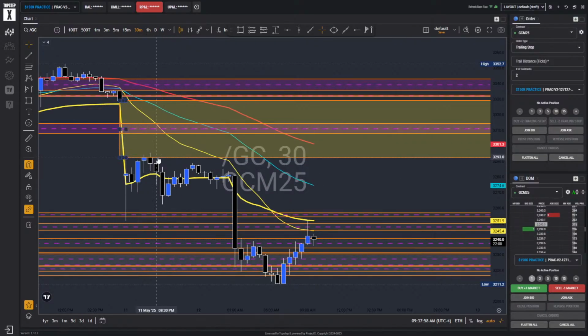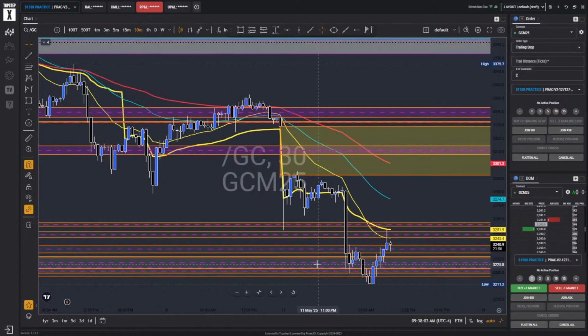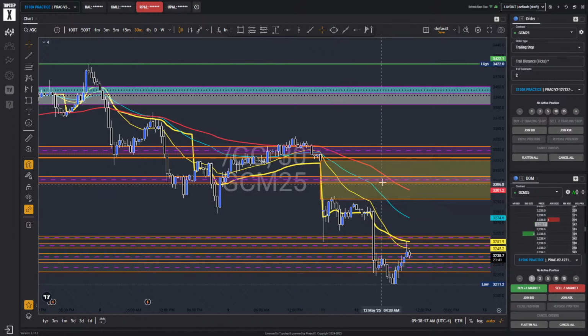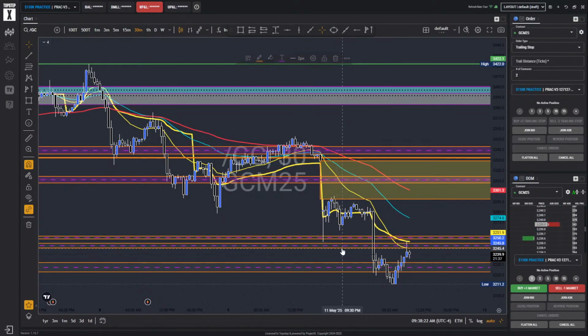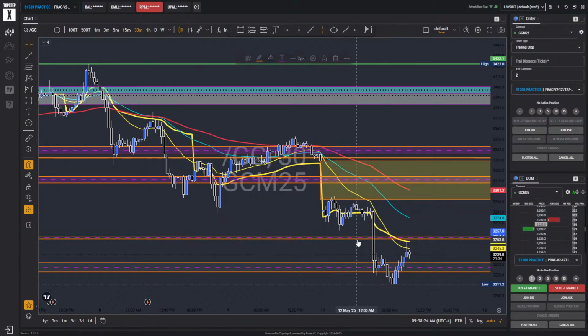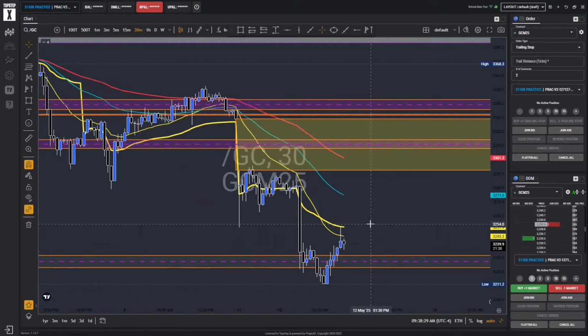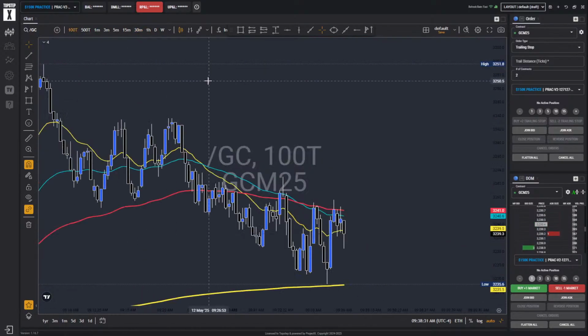Market comes back to retest it, rejects it, continues to sell down. 8:30 is just honestly sitting in a bunch of range, and I'm just gonna get rid of it because I can't tell exactly what it's respecting here, what it's not respecting. Alrighty, much better.